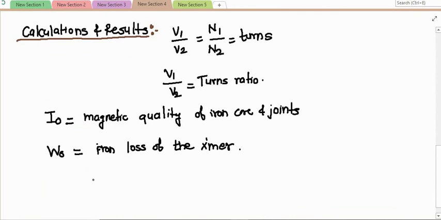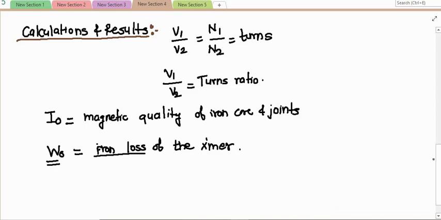Also very small or negligible copper loss will take place in the primary winding, right? So the primary winding copper loss, that is I square R loss of the primary under this condition, is negligible because our I0 is very small. So my W0 will indicate the iron loss of the transformer.